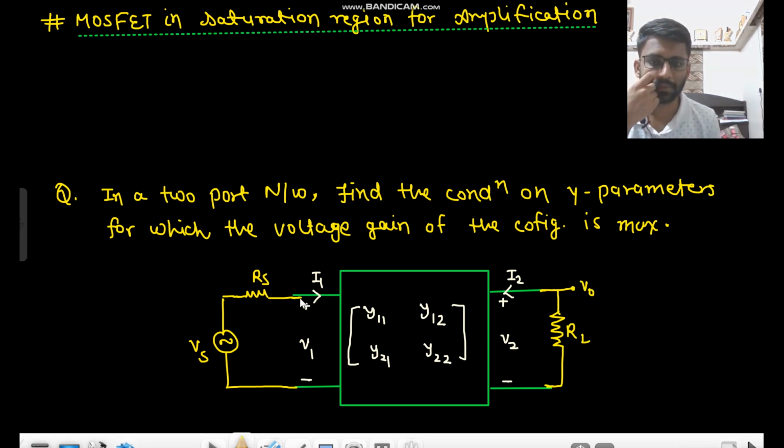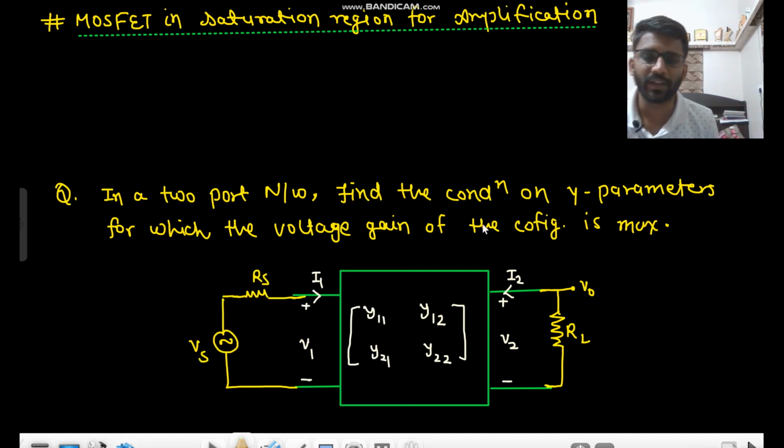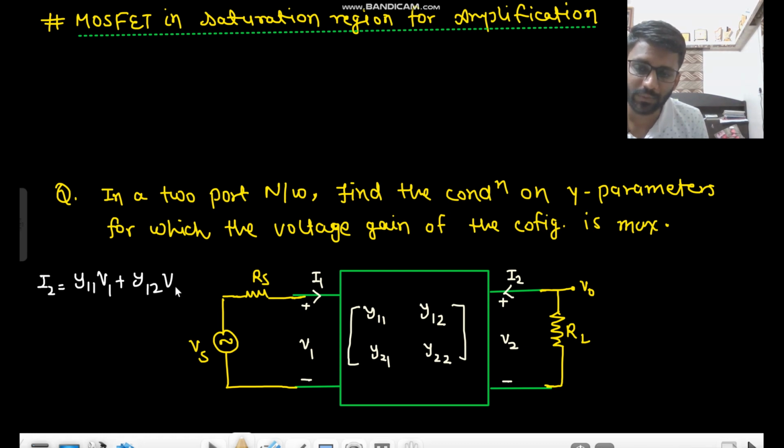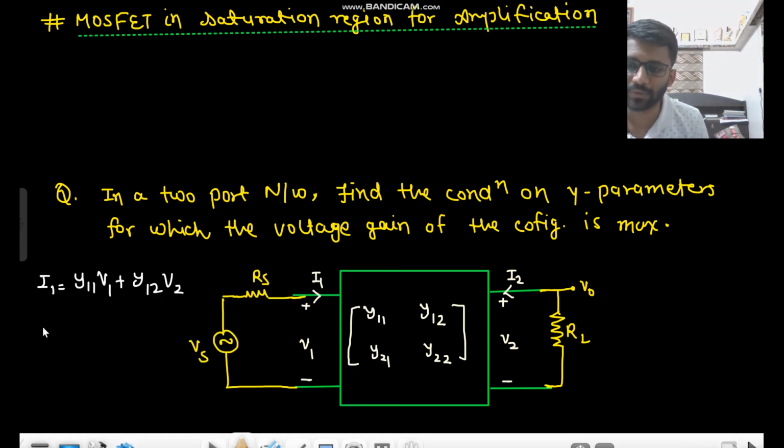So for Y parameters, what can we write? The basic equations you must be knowing. I1 equals Y11 V1 plus Y12 V2, and I2 equals Y21 V1 plus Y22 V2.